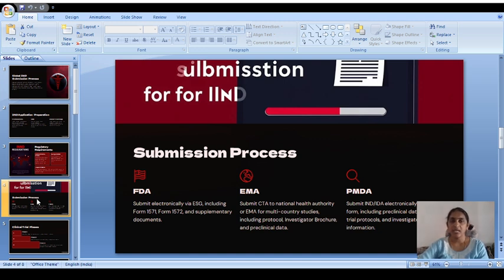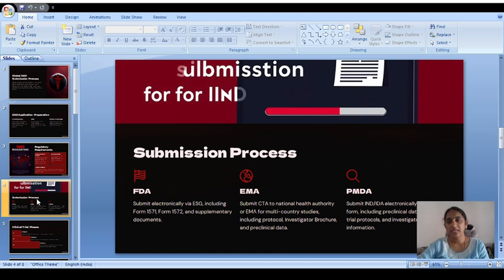Next is the submission process. First, for the FDA, we can submit electronically through the ESG, including Form 1571 and 1572 and supplementary documents. For the EMA, we can submit a common technical application to the National Health Authority or EMA for multi-country studies, including protocol, investigator brochure, and preclinical data.